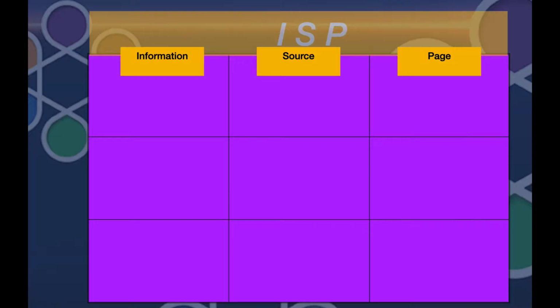In other words, correctly cite the source for the information you gathered. For example, web address, book references, and so on. Please pause the video and take a minute to draw your chart.